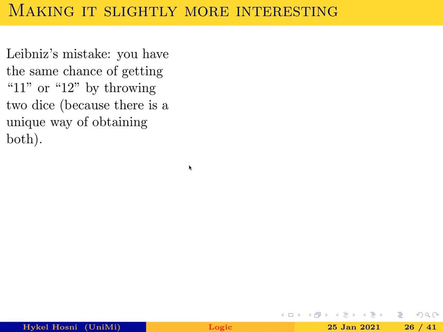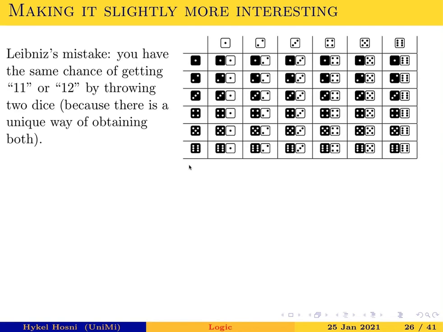So that's the reason. But let's just make it a bit more interesting with 2 dice. This is just to show you that until quite recently, people were very confused about these things. So Leibniz makes this famous mistake of considering getting 11 and 12 equally probable when you throw 2 dice. His reasoning is that I can obtain both 11 and 12 in one way.